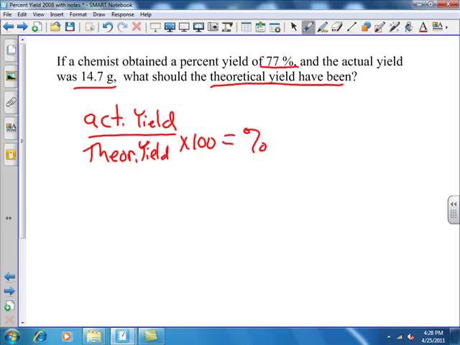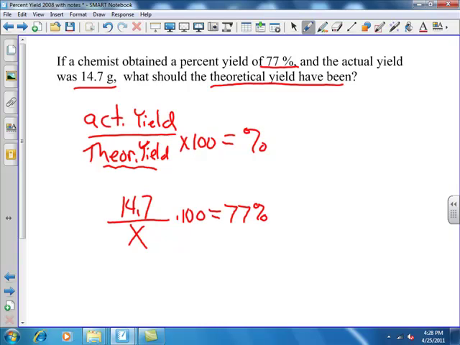Putting in the numbers, now this is really just algebra. I'm solving for the theoretical yield here. So my actual is 14.7. I am going to put the value of x in here because it's easier to solve for x than to write out theoretical yield every time. So I have 14.7 divided by x times 100 equals 77%.